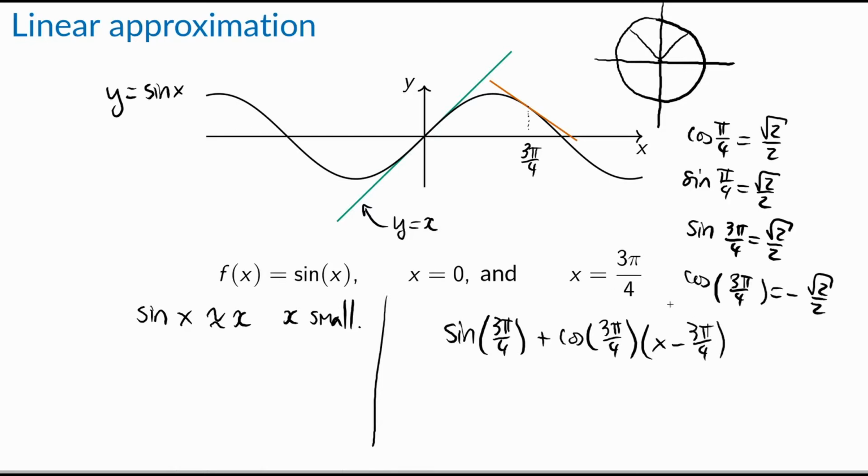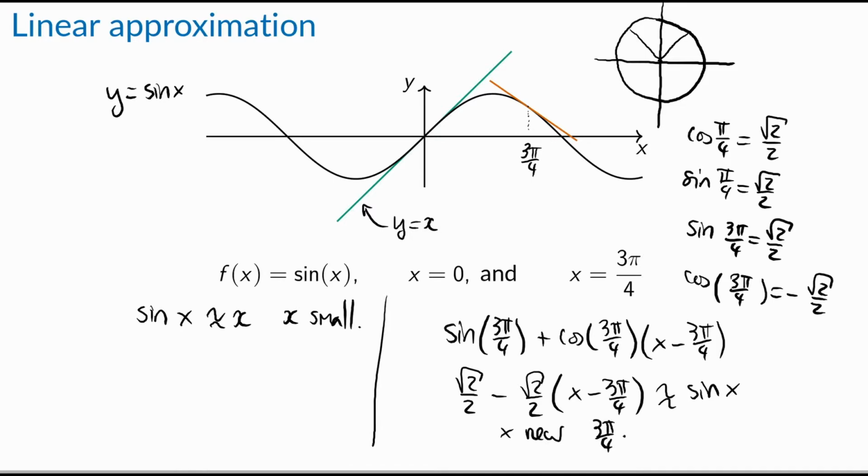This is the formula for the linear approximation. And this gives us root 2 over 2 minus root 2 over 2 times x minus 3 pi over 4. And this is a good approximation to sine x for x near 3 pi over 4.